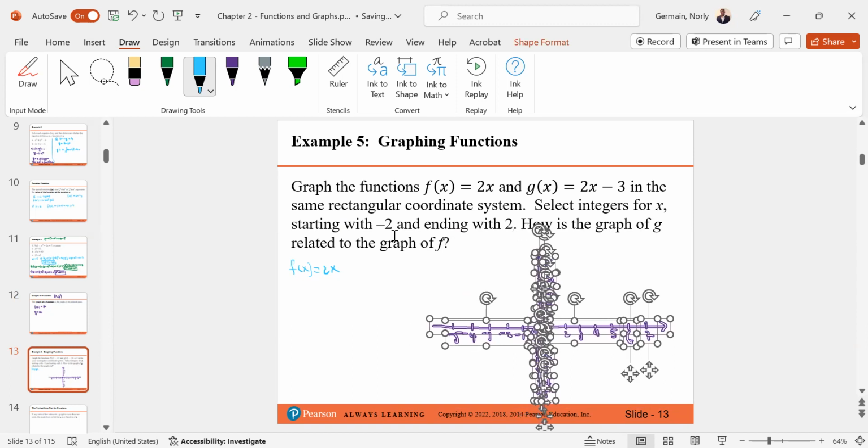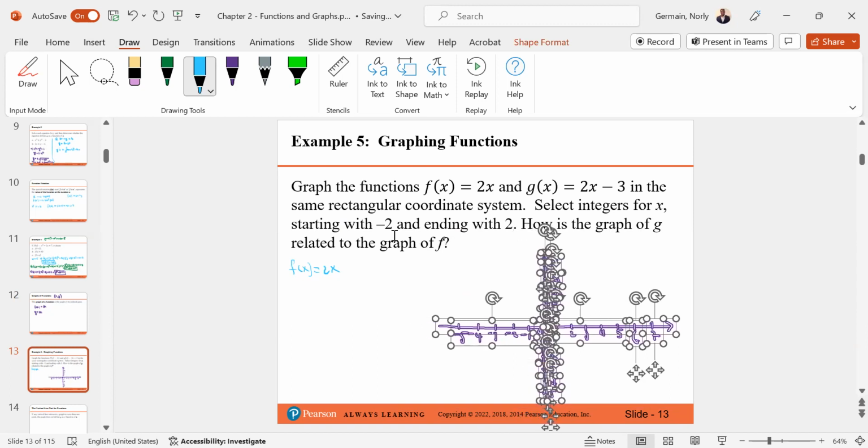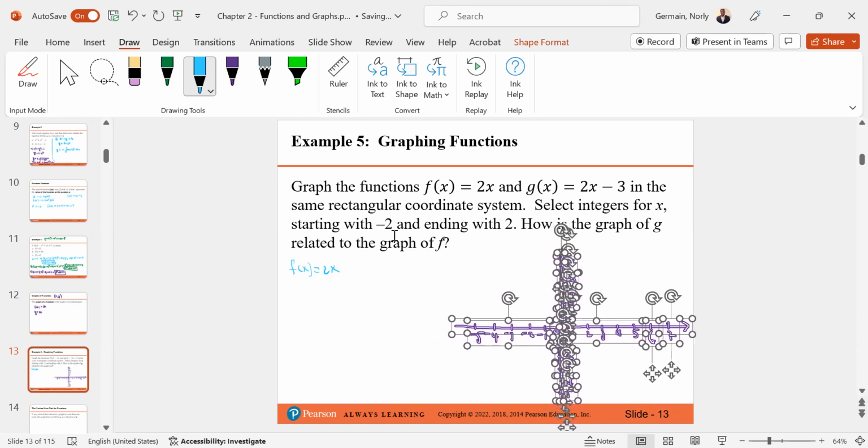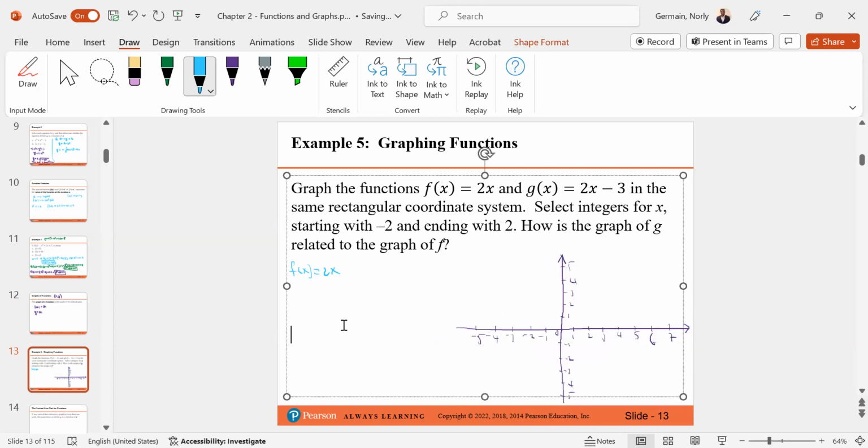Sometimes they tell you how they want you to do it: they give you the first components, and you use those to find the second ones. We're going to construct a small table of x and y. They said select your integers starting at -2 and ending with 2. That means we do -2, -1, 0, 1, and 2.